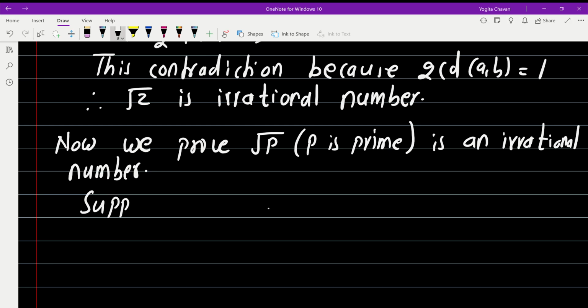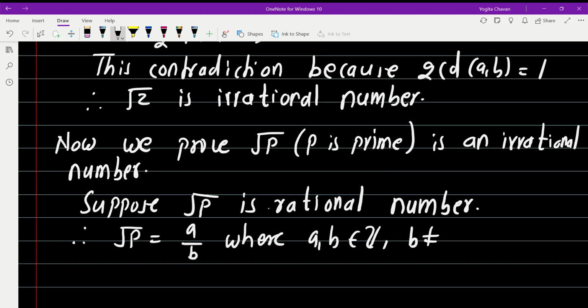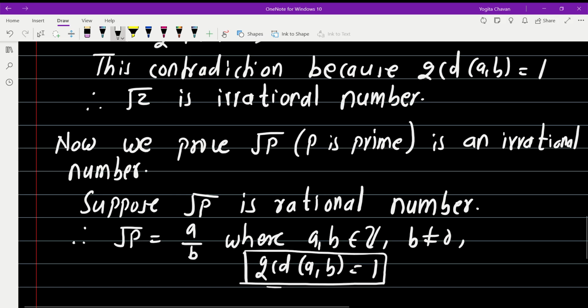Suppose root p is not irrational, that is, root p is a rational number. Therefore root p is equal to, again say, a by b, where a and b are integers, b is not equal to 0, and GCD of a and b is equal to 1. Again this is important for the remaining proof. GCD of a and b is 1.